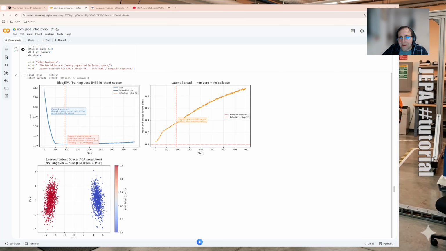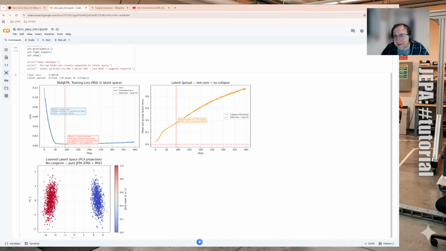You have two phases. In phase one, when you initialize the context and the target encoder, they are identical copies. So for the prediction and the target, the loss starts very low. This is the easy task. It's like predicting your own reflection: you look at yourself in the mirror and say, well, that's me, right?